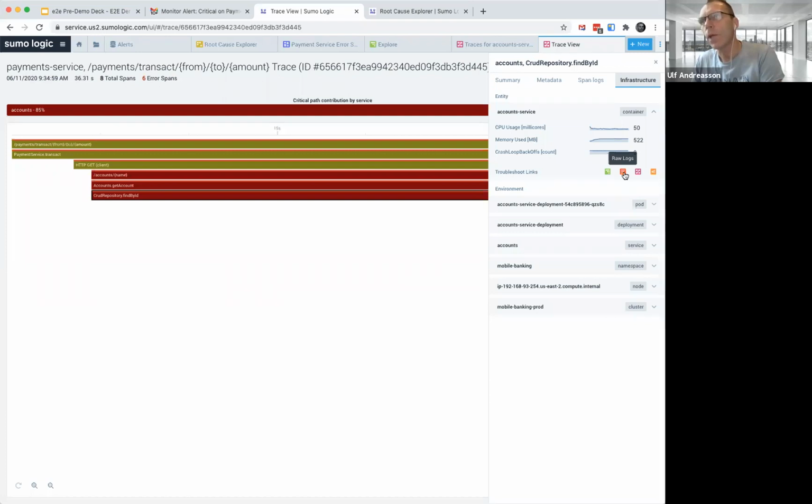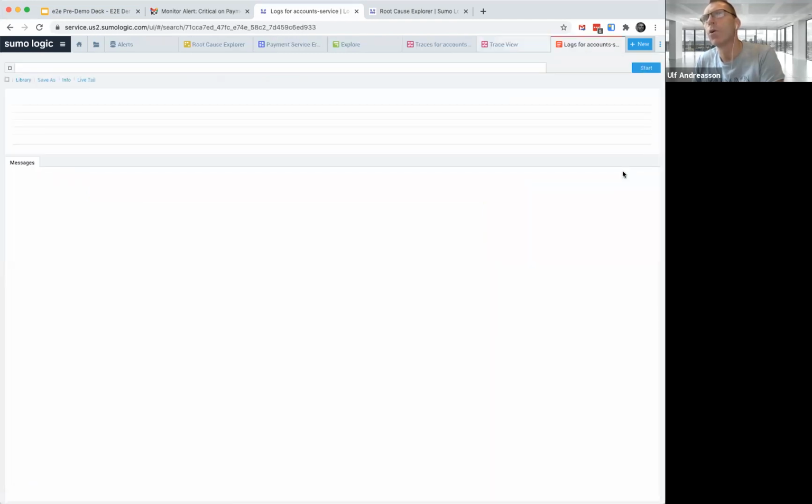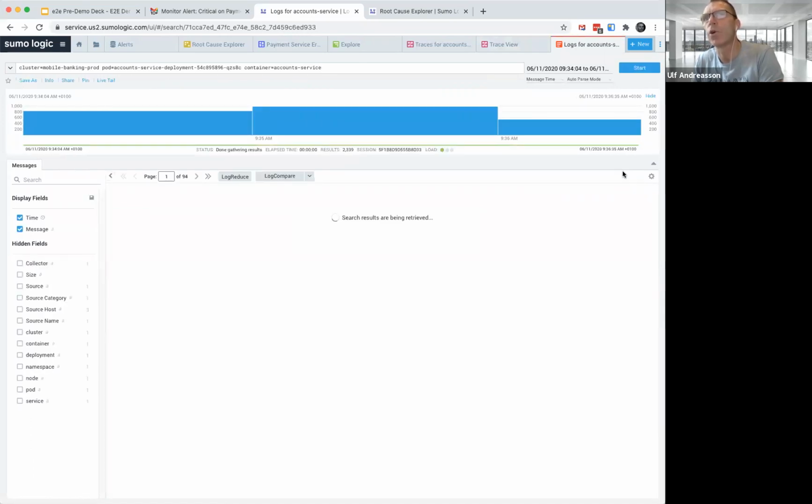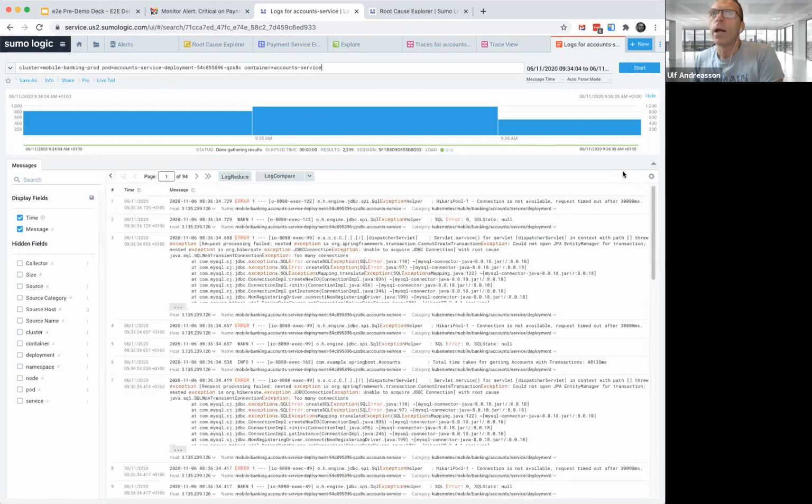I'm able to pivot from the traces and go straight into the logs that are in time frame and fully in context with this specific trace. This is a short time frame, but I'm still seeing something like 2,300 different log messages.